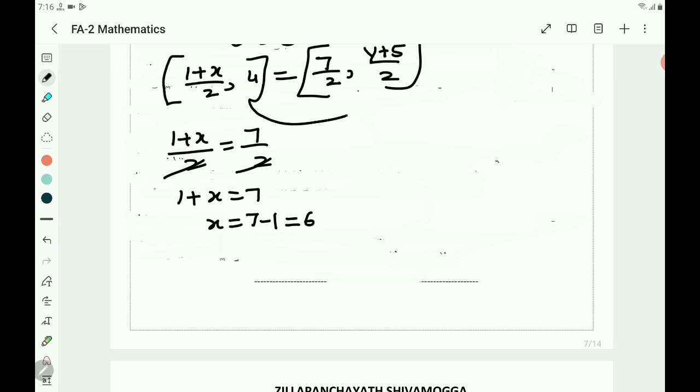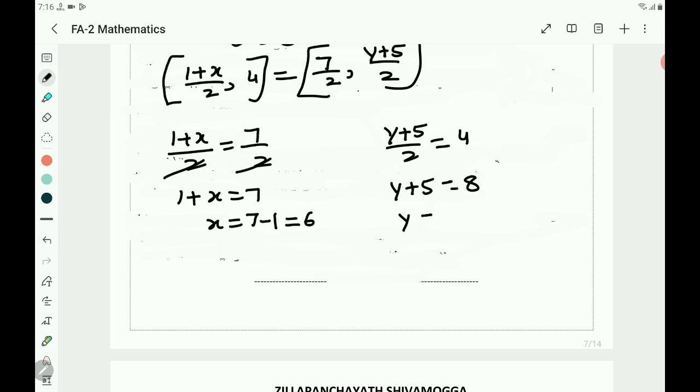Then equate the second with the second. That is (y plus 5) by 2 is equal to what? 4. Do the cross multiplication. y plus 5 is equal to 4 into 2, which is equal to 8. 2 fours are 8.